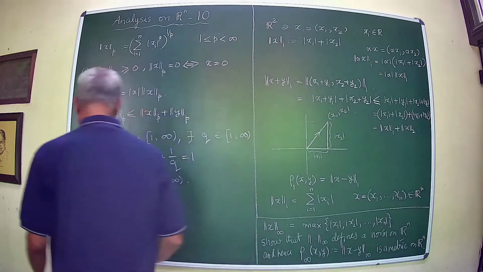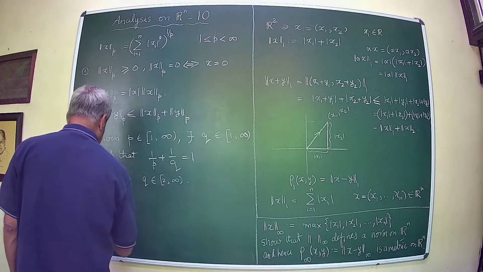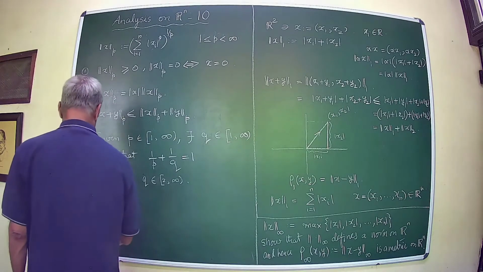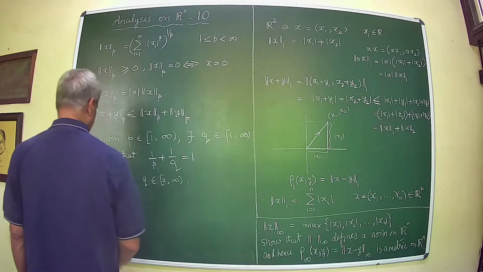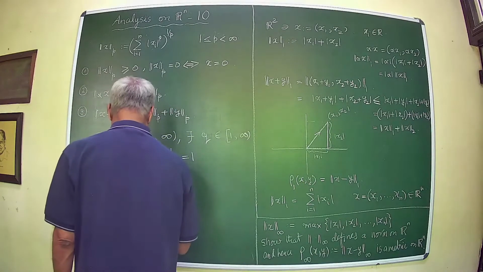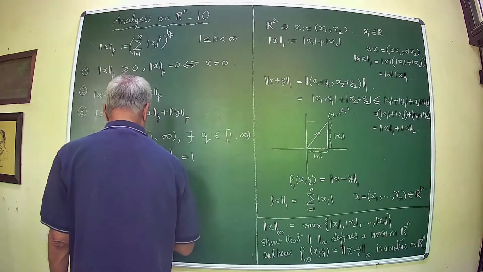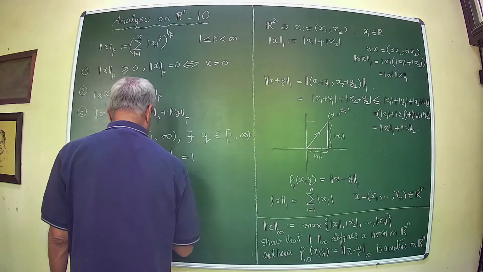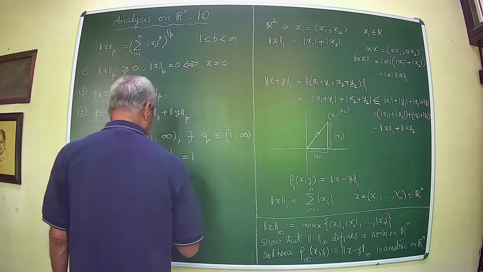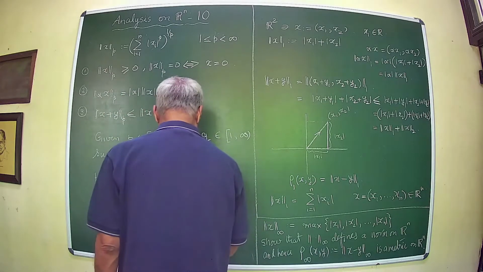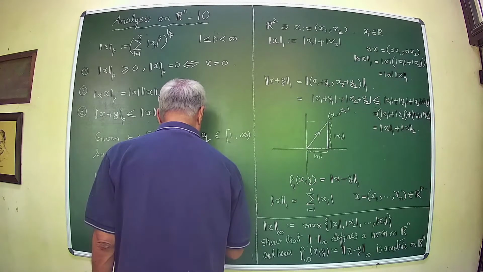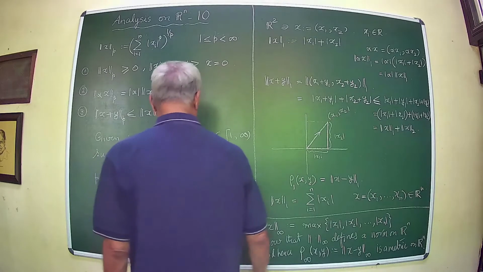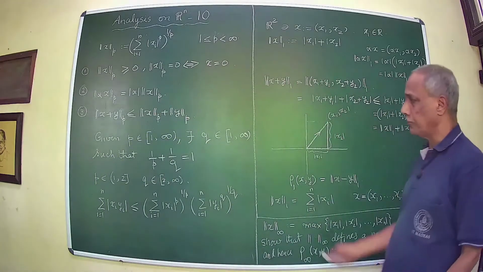What one can prove is this: the sum of xi yi is less than or equal to the sum of mod xi to the power p, to the power 1 by p, times the sum of mod yi to the power q, to the power 1 by q, for p and q chosen like this.